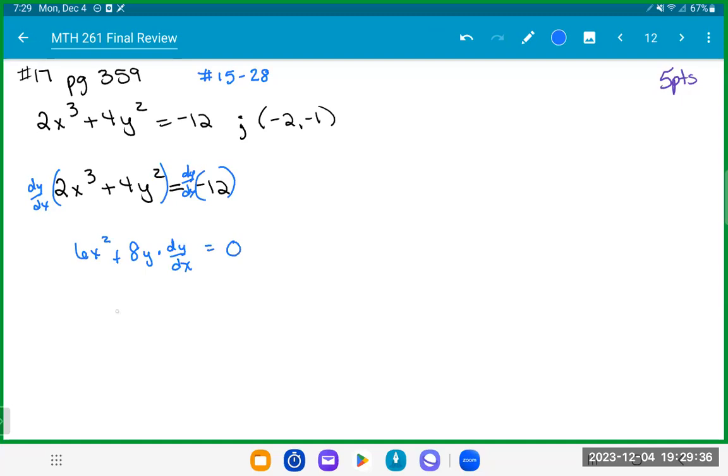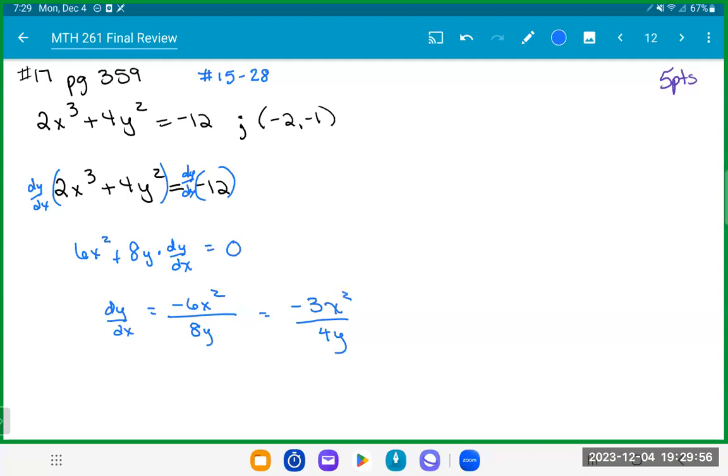Okay, so we want to get dy/dx by itself. So we're going to subtract 6x squared from both sides, and we'll divide by 8y on both sides. Simplify this, and we get negative 3x squared over 4y.